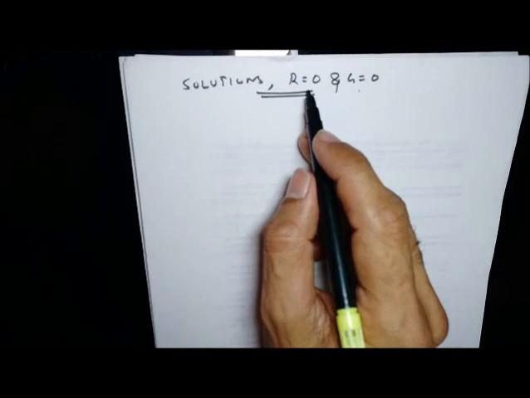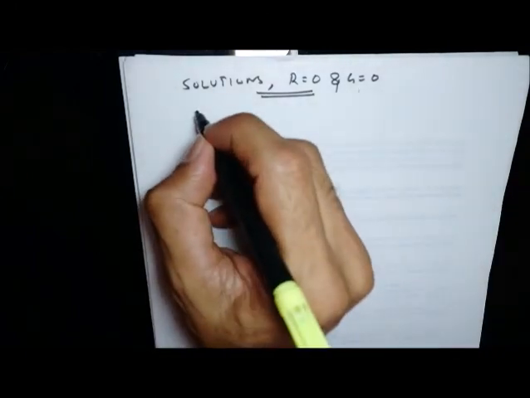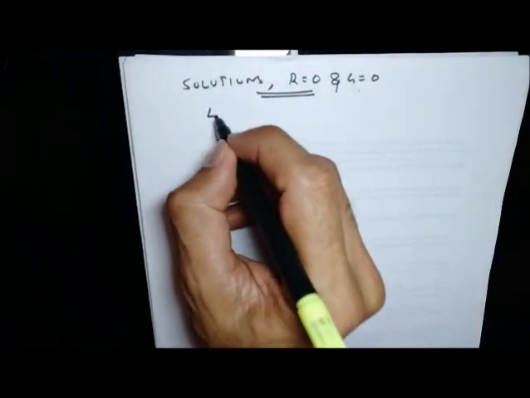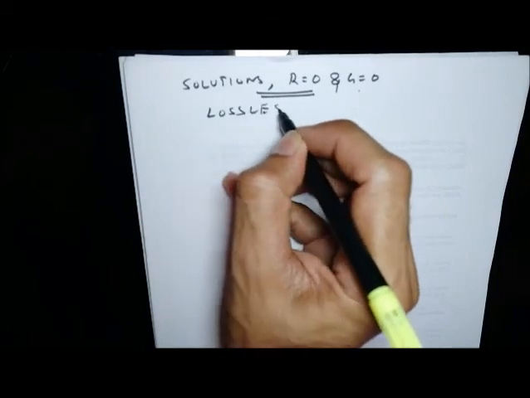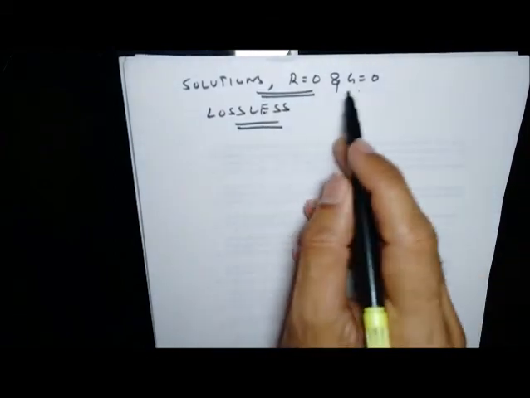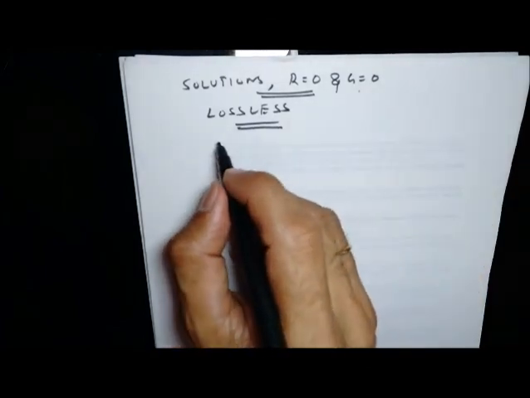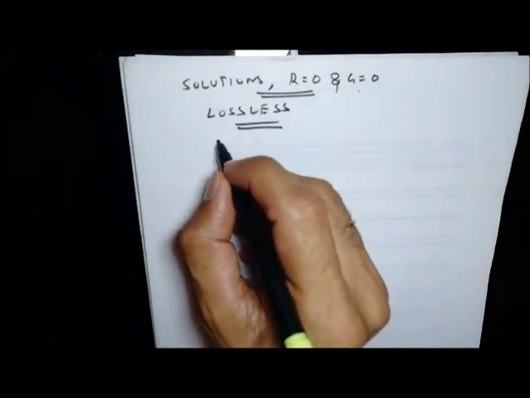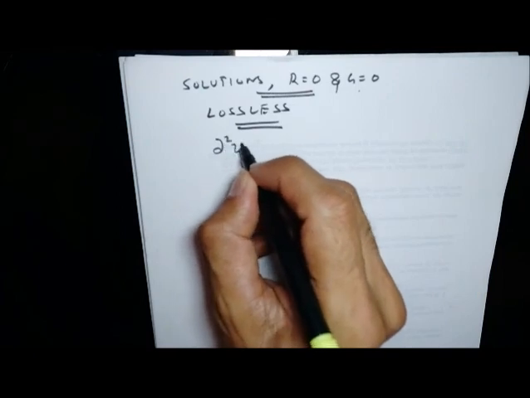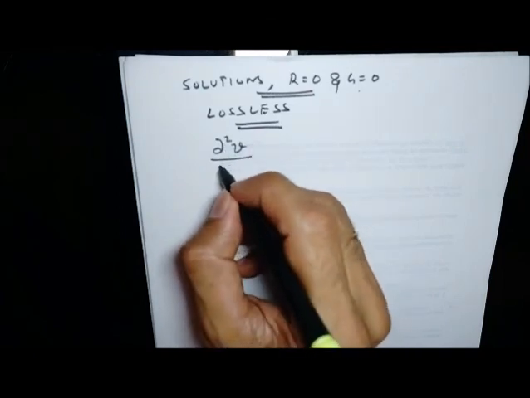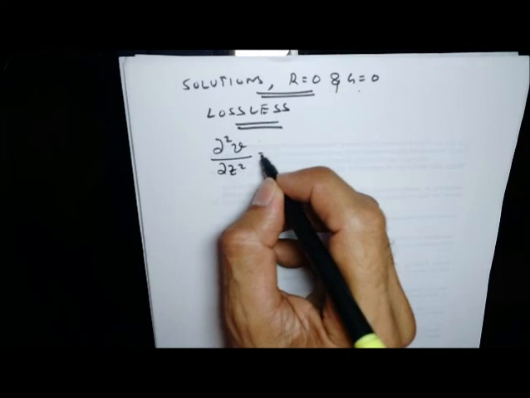R is equal to 0 and G is equal to 0. So, solution to transmission line equations assuming lossless conditions, R equal to 0, G equal to 0, to reiterate. Now, when R is equal to 0 and G is equal to 0, the transmission line equations which we derived start to appear very simple.